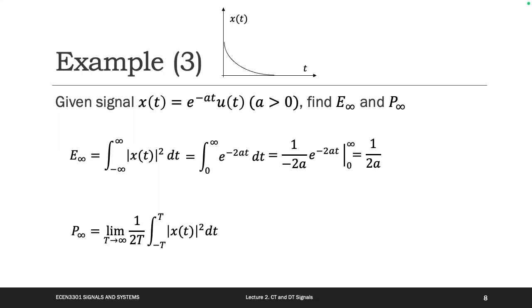For power, it's a similar process. We put x(t) here, and then we get this one, a similar thing. And because this part equals this part, does it make sense to you?